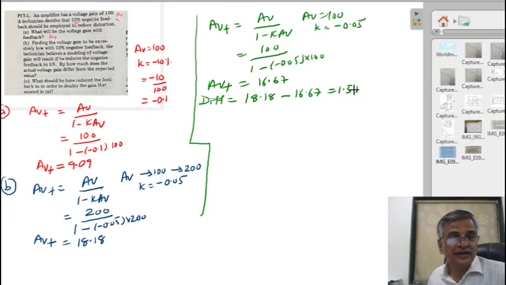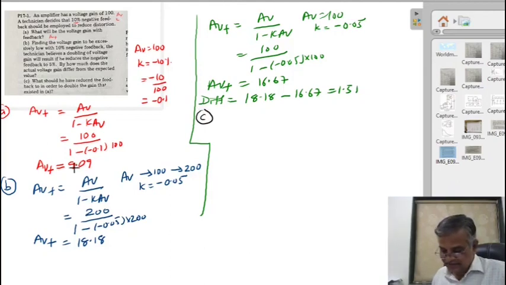So the actual voltage gain differs from the expected value by how much? 1.51. Now see, C is again what I am discussing. See what C is. What should he have reduced the feedback to in order to double the gain that existed in A?